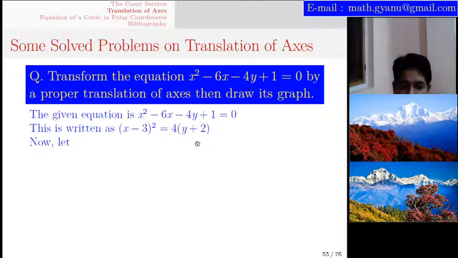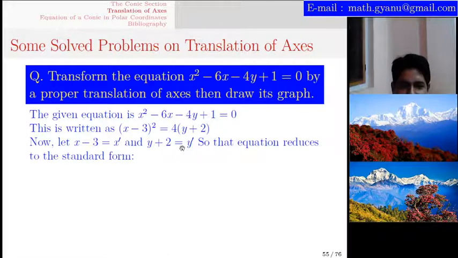Now for proper translation we have to choose ourselves. So choose x minus 3 equal to x prime and y plus 2 equal to y prime. Then the equation is reduced to the standard form: (x minus 3) whole square equal to 4 (y plus 2) is rewritten as x prime whole square equal to 4y prime.